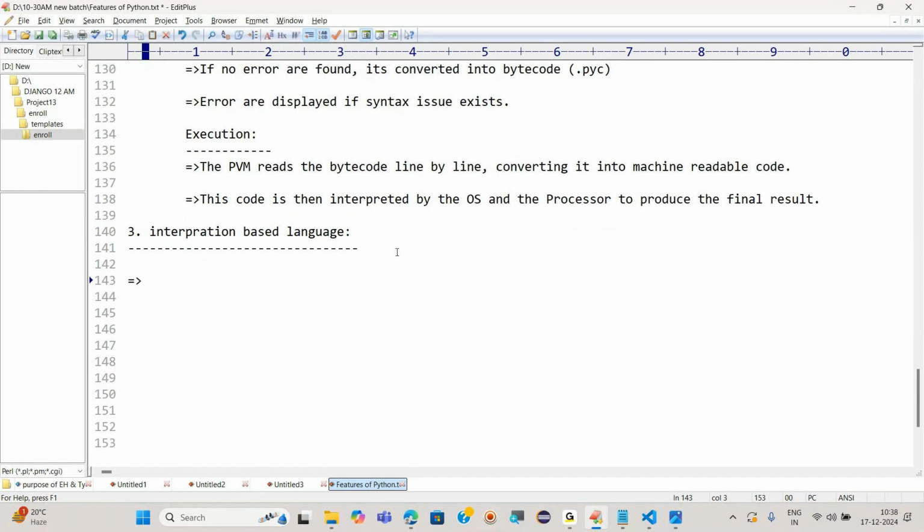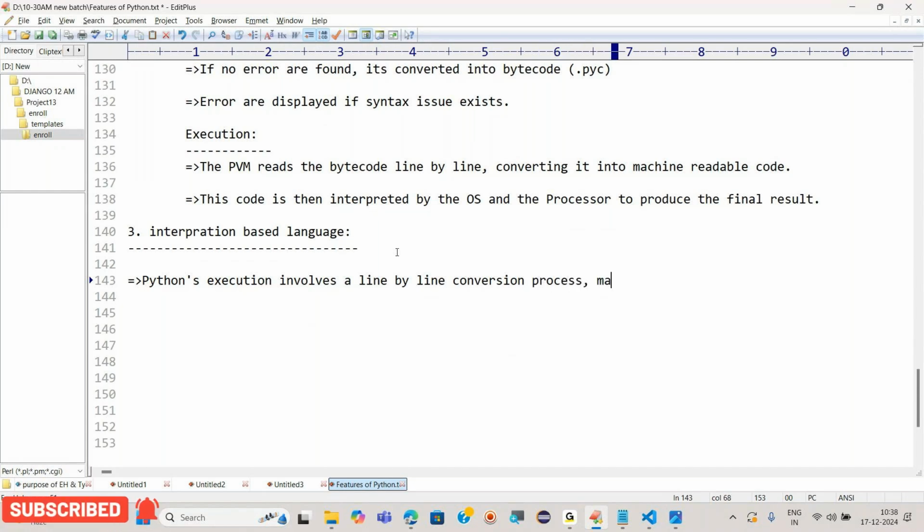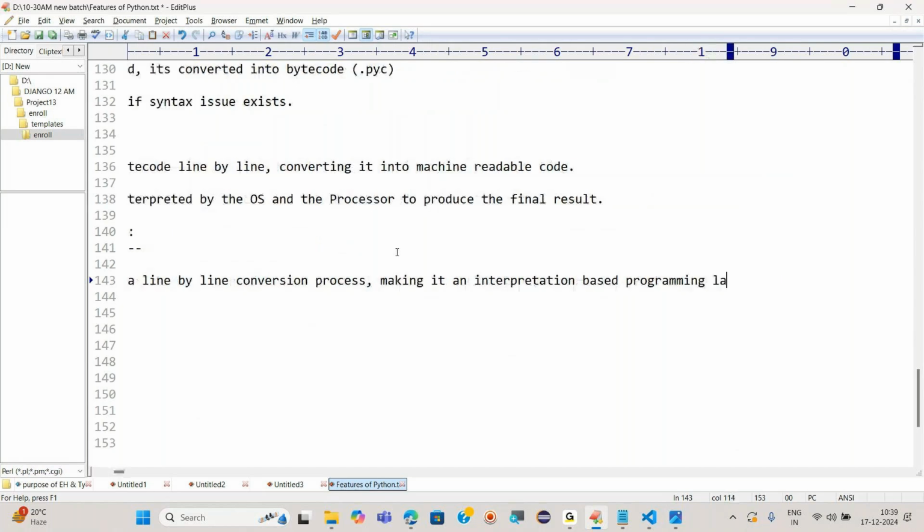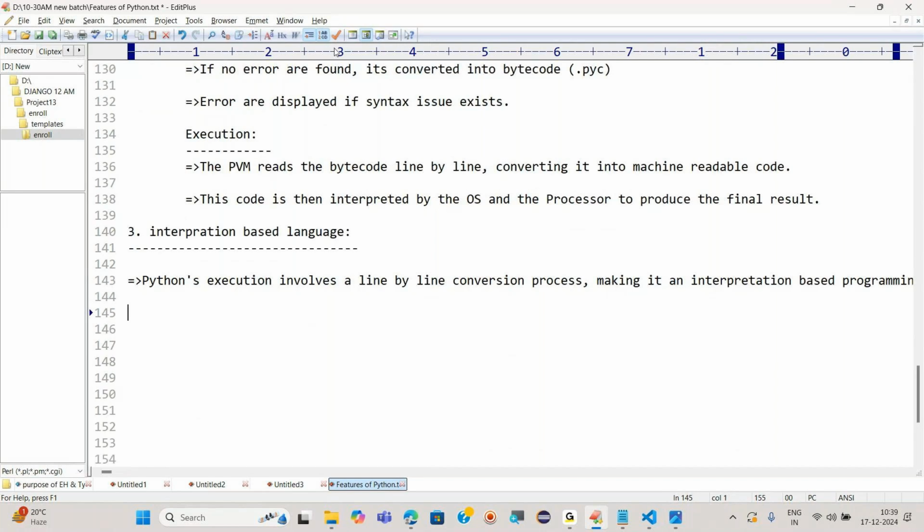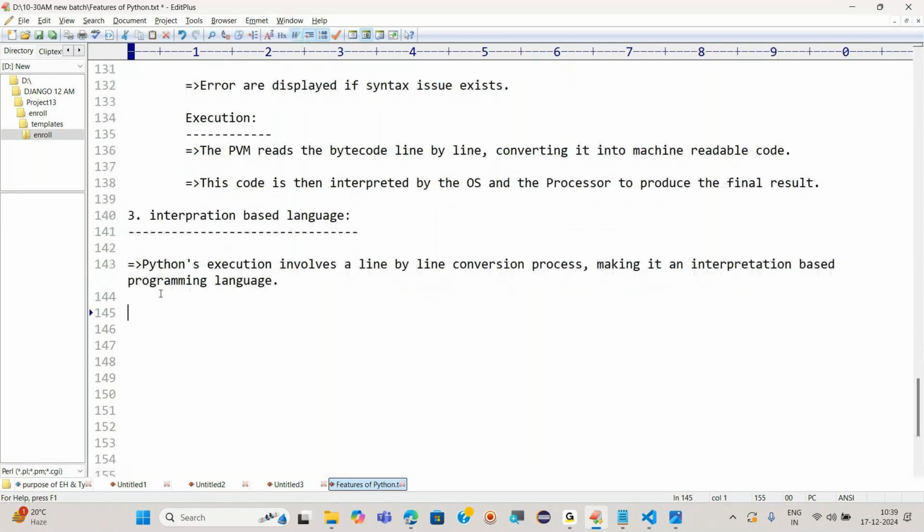Python's execution involves a line by line conversion process, making it an interpretation based programming language. Am I clear with this? Okay.